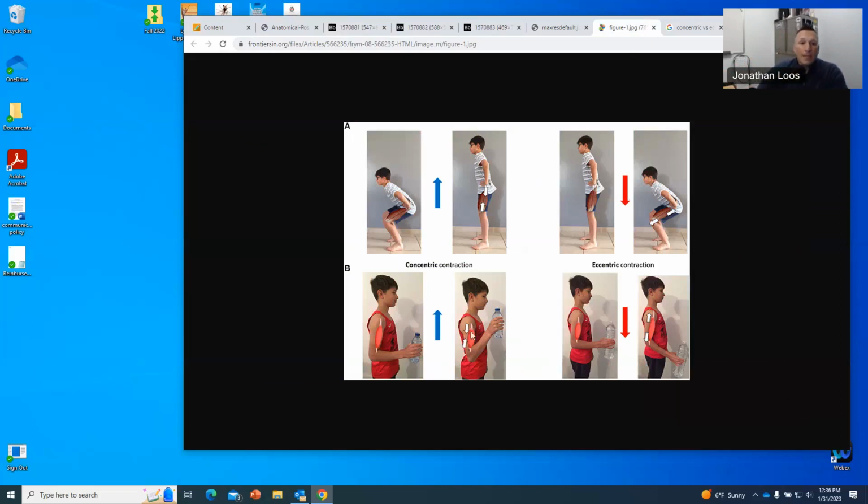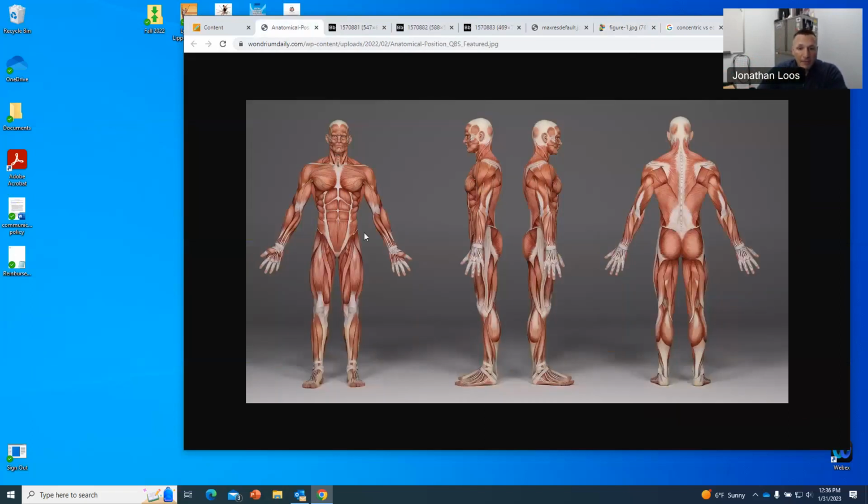If you were taking a regular anatomy class from anatomical position, almost every movement from this position is concentric, and the joint action and the muscle participation would be exactly the same.